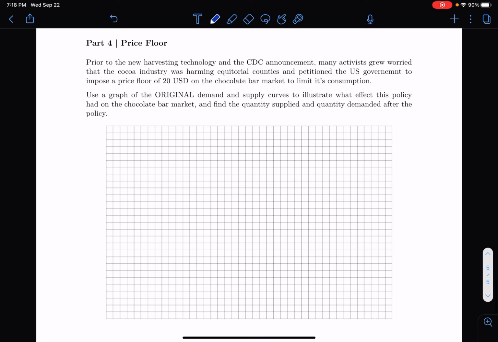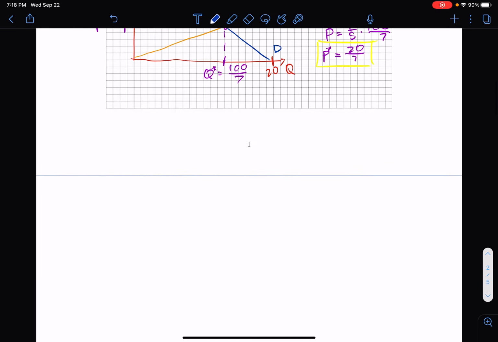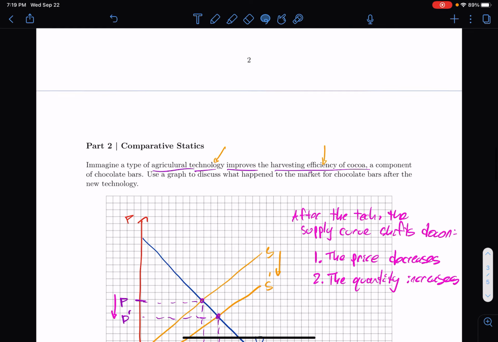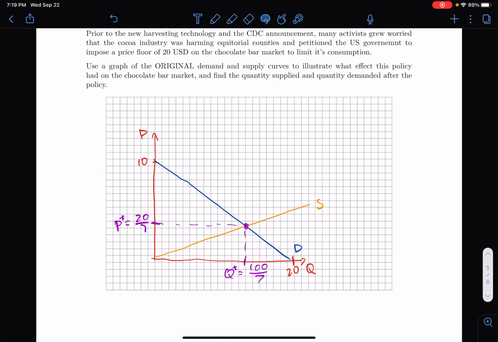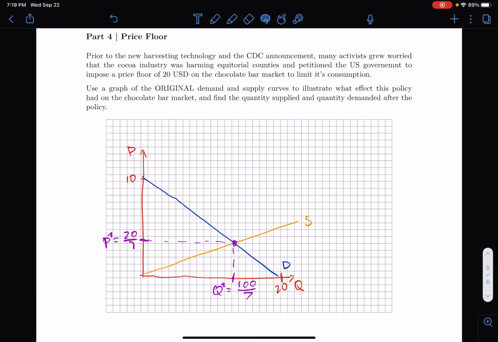So the last part is about a price floor. So, and this goes back to our original setup. So I'm actually going to run back up here and pick up this graph. And if I'd been nicer to myself, I would have included the original curves.